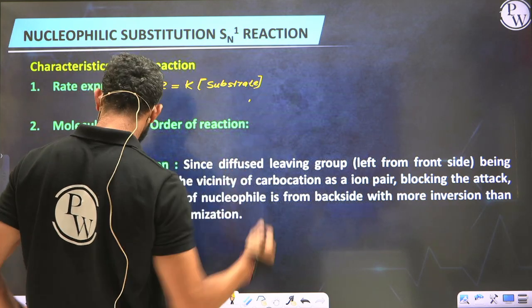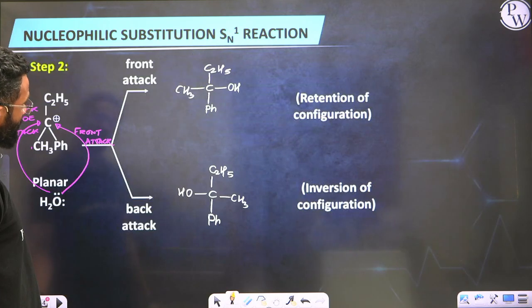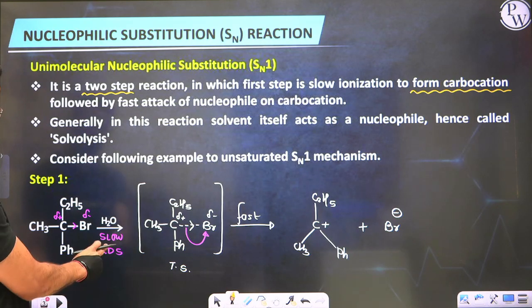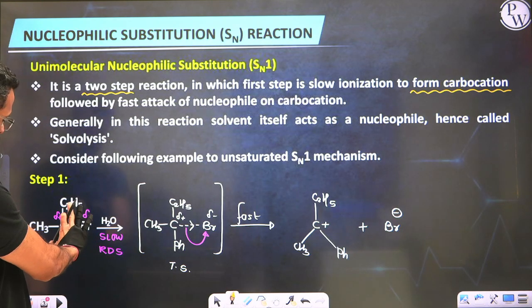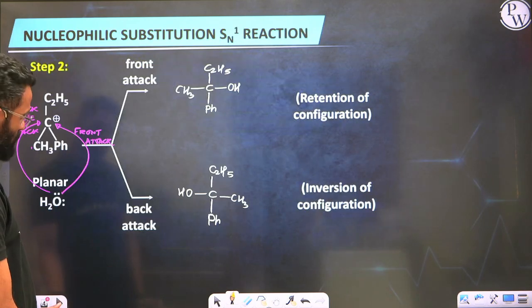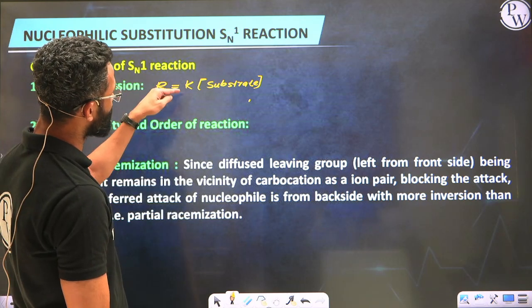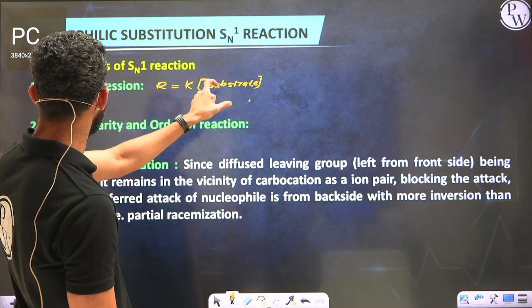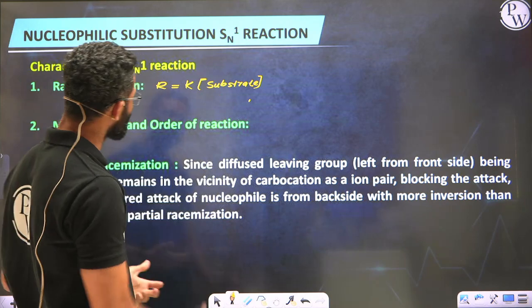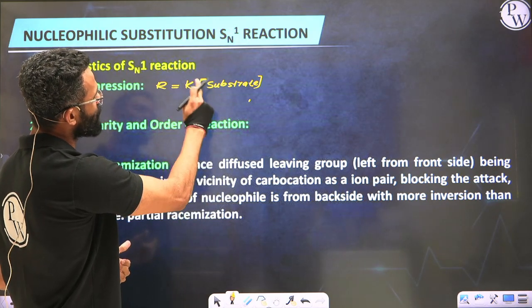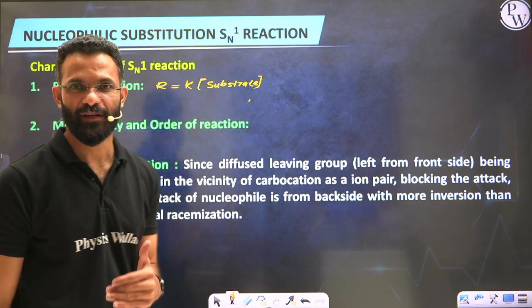So if you just recall the rate determining step over here, in the rate determining step only substrate is involved, no contribution of a nucleophile, that is solvent. Hence rate is directly proportional to molar concentration of substrate only. In other words, rate is equal to K into molar concentration of substrate.